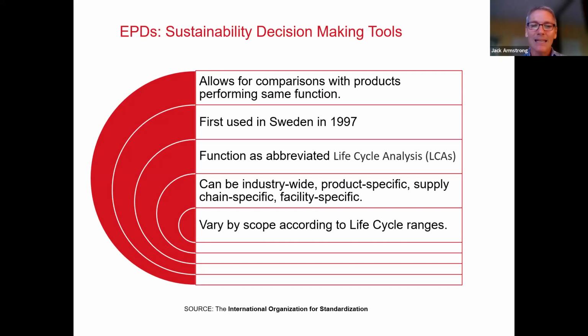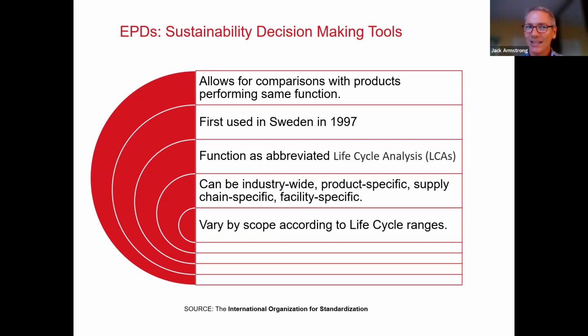EPDs can be industry-wide EPDs, which means it's an average of a variety of manufacturers in a particular geographical area, or they can be product specific from one specific manufacturer. They can vary in scope according to the various life cycle stages, which we'll get to in a little bit.